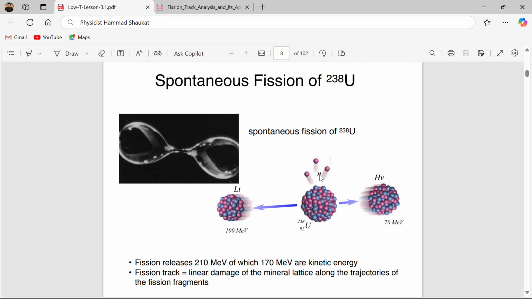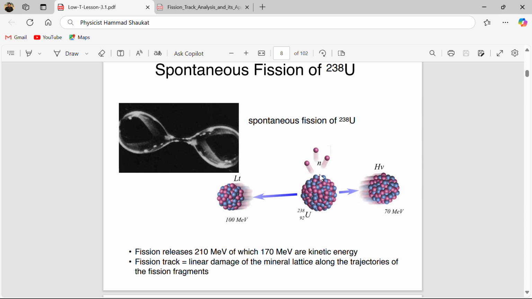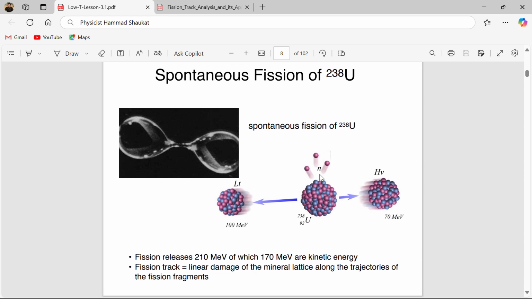Fast neutrons. You know that a fission reaction always releases energy in the range of 200 mega electron volts. So the fission energy released here is 210 mega electron volts, of which 170 mega electron volts is kinetic energy, the kinetic energy of the particles.